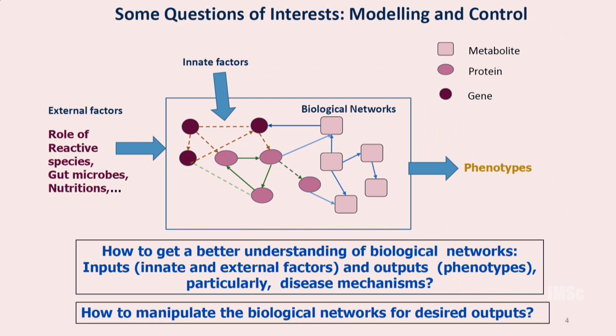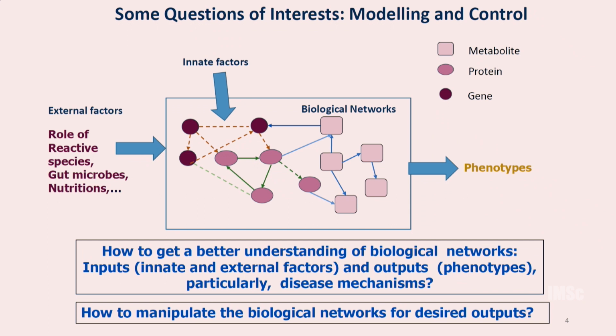As a control theorist, we like feedback a lot. One of the interesting questions I can ask is how to get a better understanding of biological networks, basically how these inputs are transferred to the outputs, which are the phenotypes.